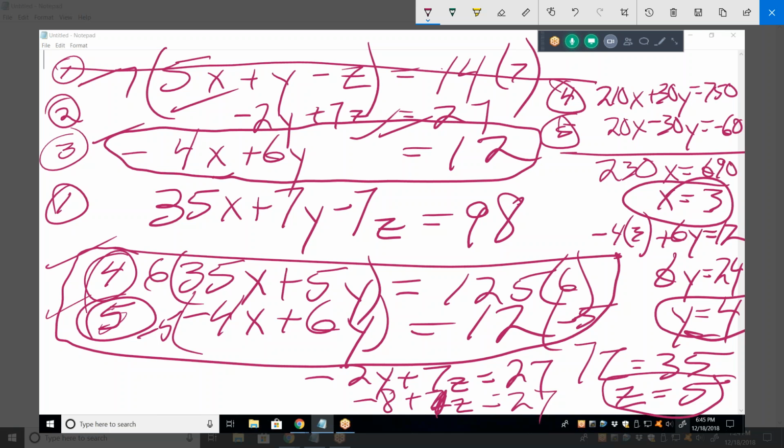Because unless you can narrow it down to 2 equations and 2 variables, you know how to solve that. But if you have 2 equations and 3 variables, you can't go anywhere. So that's the key. And then once you get two equations, two variables, you can use just standard method to solve for both of those, and then go back and find an equation that allows you to solve for the third variable. Okay?